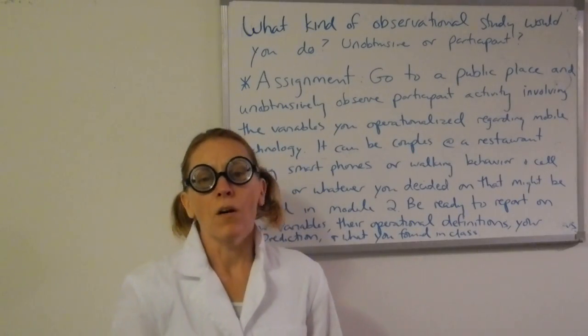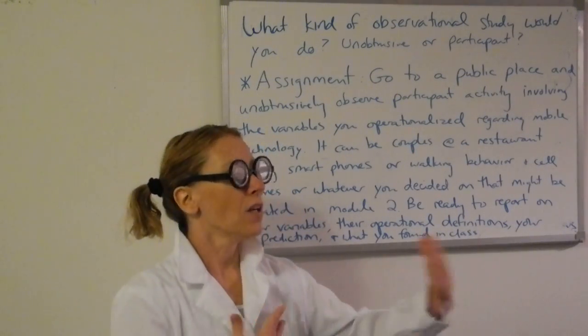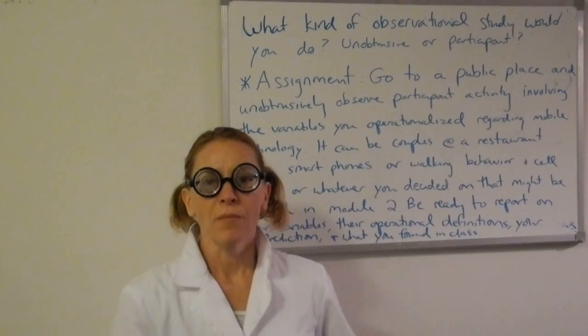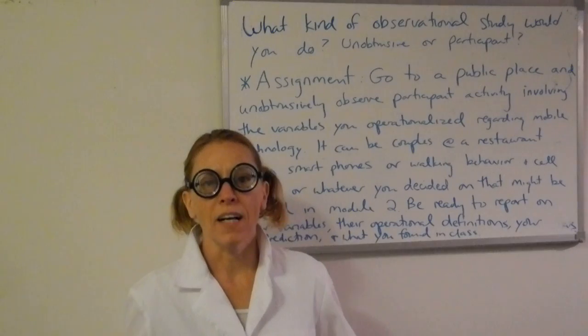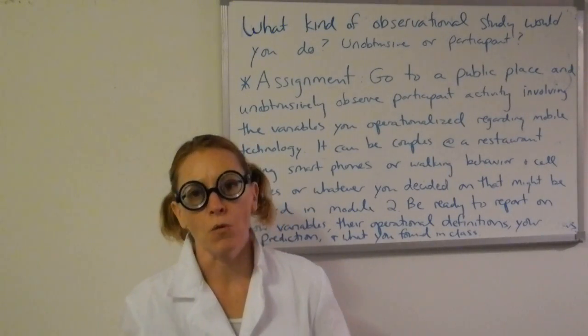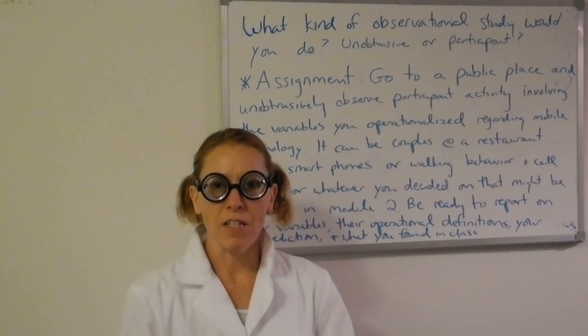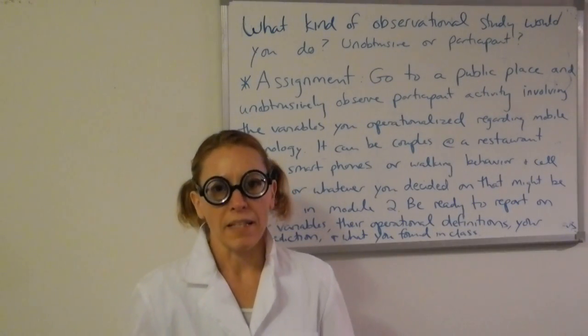Well, we thought that those people might be more vain and therefore more likely to look in the mirror. One of the most important things about observational research of any kind is operationally defining our variables. It's important no matter what, but particularly in observational studies because they are happening right there, and we're not sure what we're going to get.